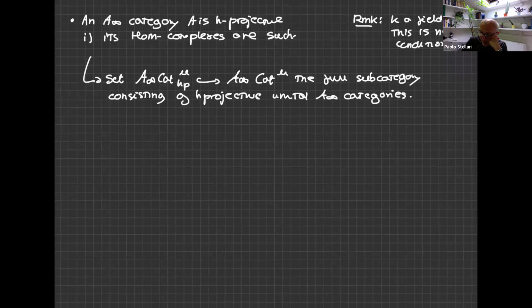Okay, and this clarifies the first decoration in the category which appears. And the second one is about the double tilde, and it goes like this. So now we are in business to define this category here.